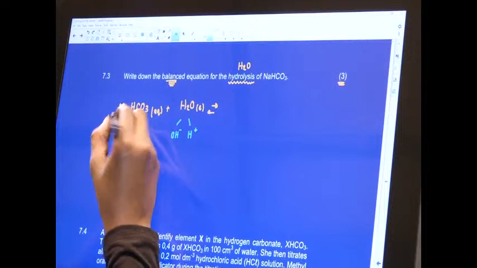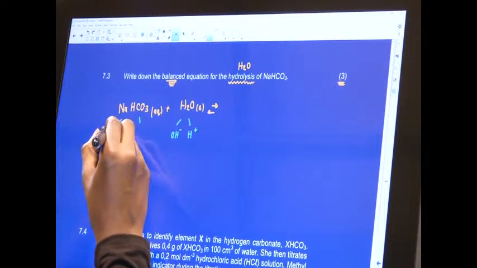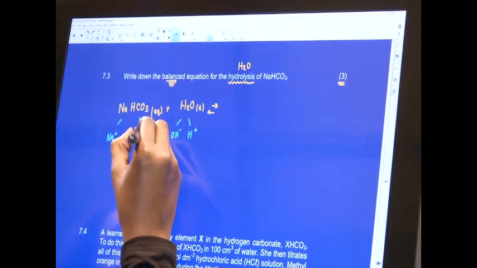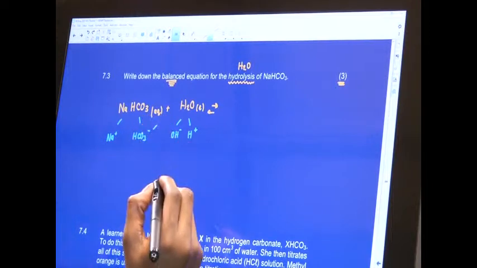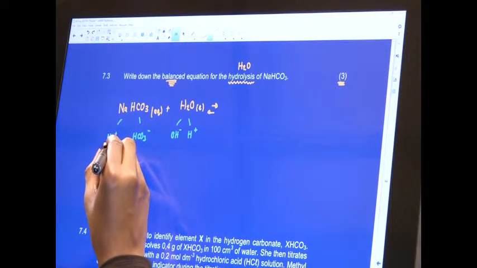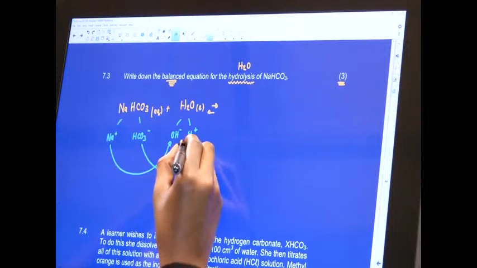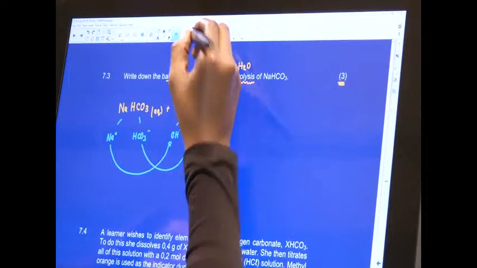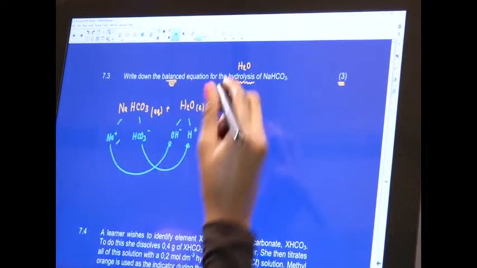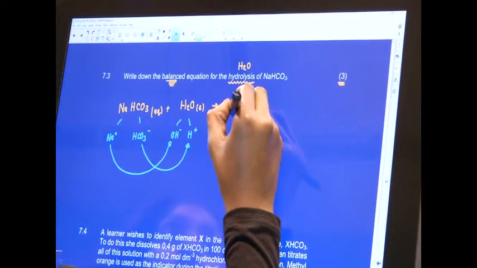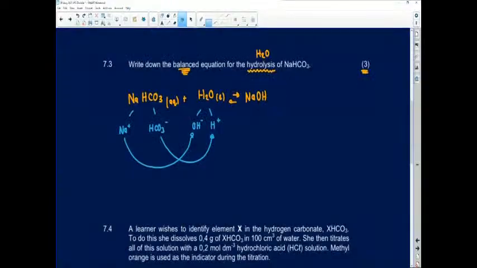This means this substance here can dissociate to Na plus and then to HCO3 minus. So this means the Na and the OH can form something, and then this H and this H can also form something. So I'm going to start with the Na. I can form a base by saying NaOH. That is also then in aqueous solution.